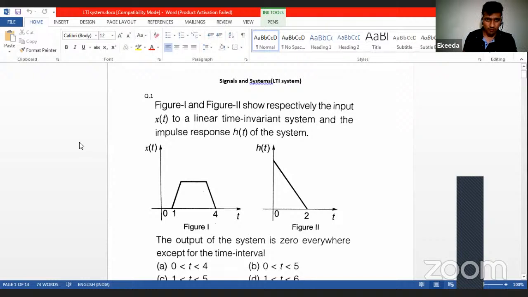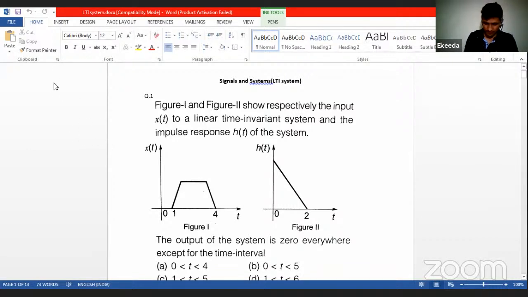One is convolution, the basic definition of convolution, and the other thing is the shortcut trick, which is the starting of... Basically, let me do it here.